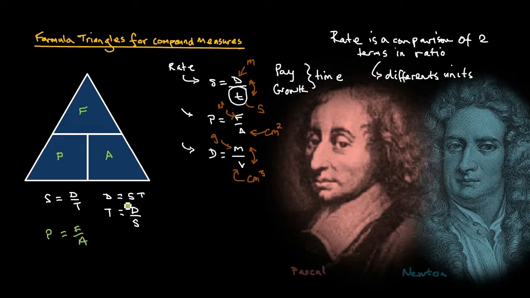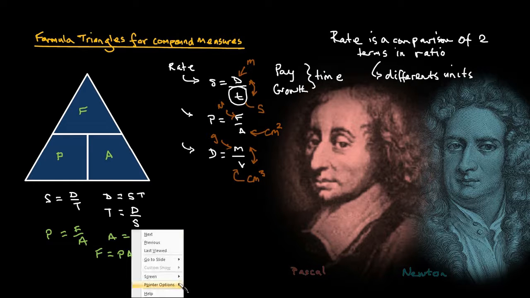Equally, we can say that area is force divided by pressure, or force is pressure times area. So you don't have to remember three formulae, you just remember one, or you remember this triangle, fit it into the triangle in the correct way, and you can get three for the price of one.